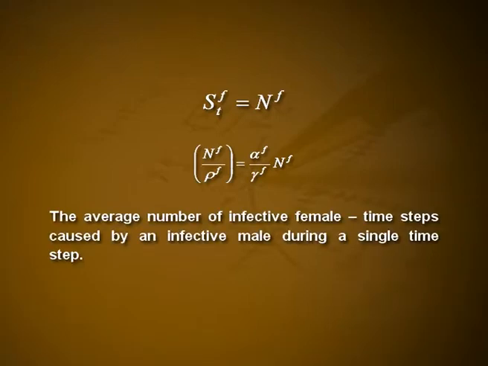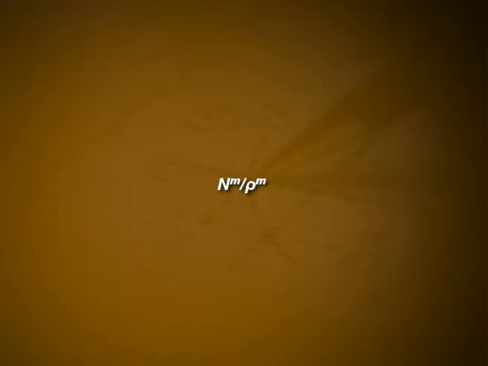If the female population were wholly susceptible to gonorrhea, that is, if SF is equal to NF, then NF by rho F is equal to alpha F by gamma F into NF would give the average number of infective female time steps caused by an infective male during a single time step. A similar interpretation holds for NM by rho M.